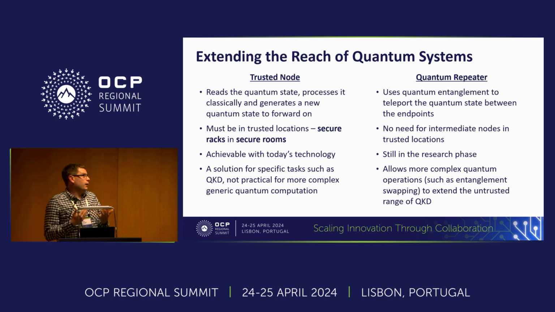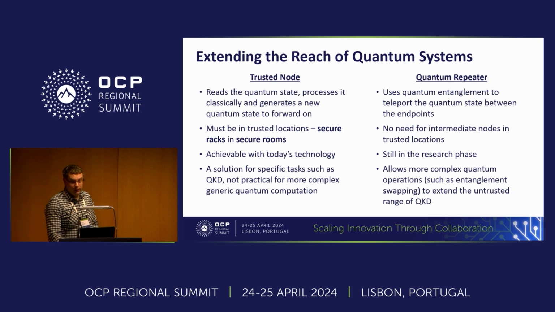These types of nodes are used in quantum networks today, but they are typically just suited for specific tasks. So, for example, QKD, where we can relay keys using this approach, but may not be possible for more complex generic quantum computation. And we'll see how the QKD trusted node architecture works in the next slide.